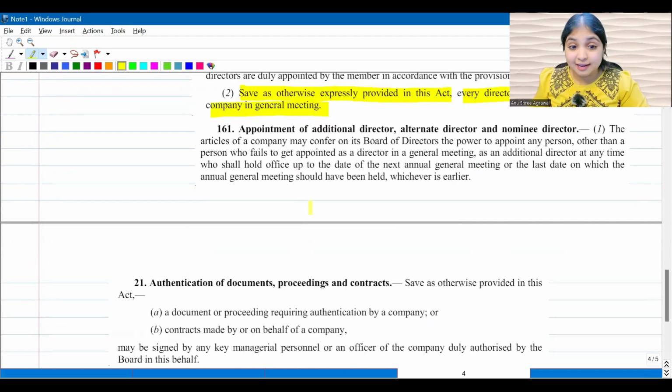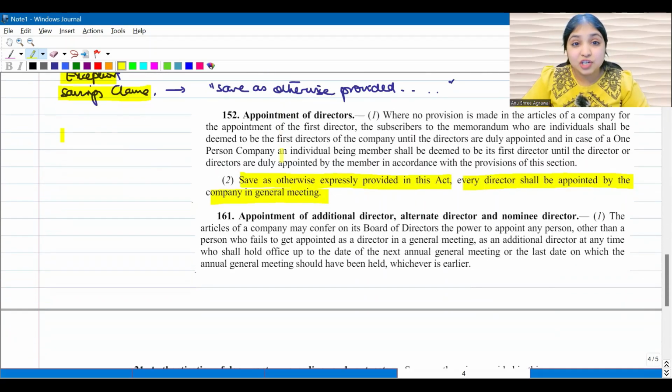Then we have section 161, which talks about alternate director. It says that the articles of a company may confer on the board of directors the power to appoint a person, other than a person who fails to get appointed as a director in a general meeting, as an additional director.